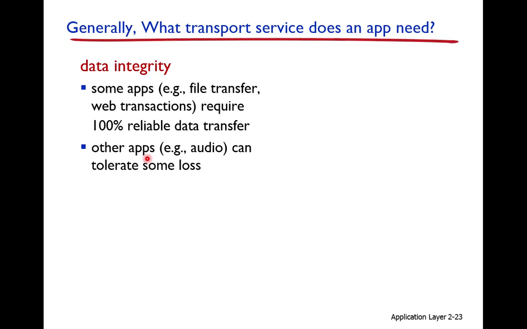For example, audio video communication. If you are talking with each other and some data is lost, you say, okay, please repeat it again, or from the context you can get the meaning. Or you are watching a cricket match, so you are only concerned whether there is a 4 or 6 or how many runs are taken on a ball, or a wicket is taken.